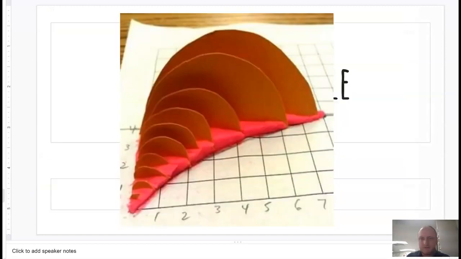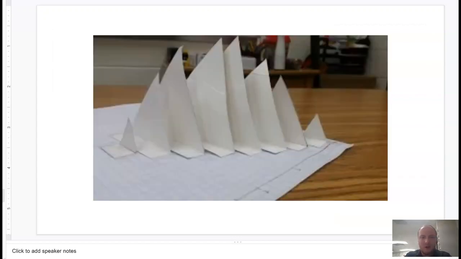Here are some examples of what this looks like. This is a cross section of a semicircle. You can see the base in here. And then here's an equilateral triangle. These triangles are coming up, and you can see the base of that region here.